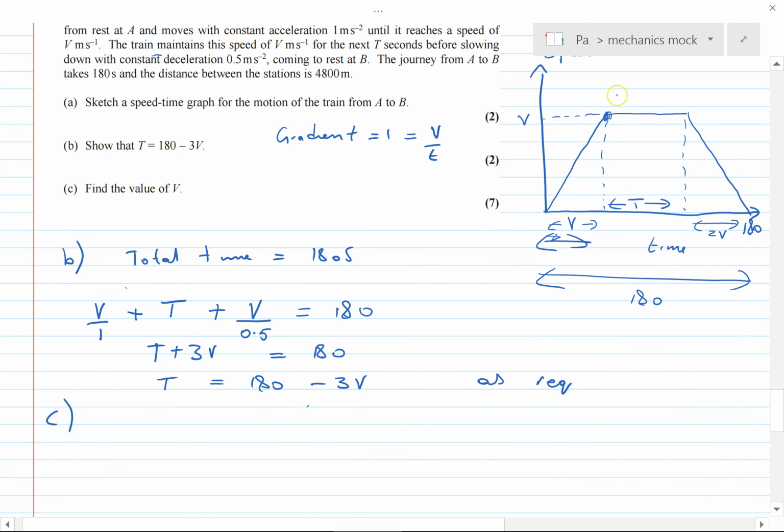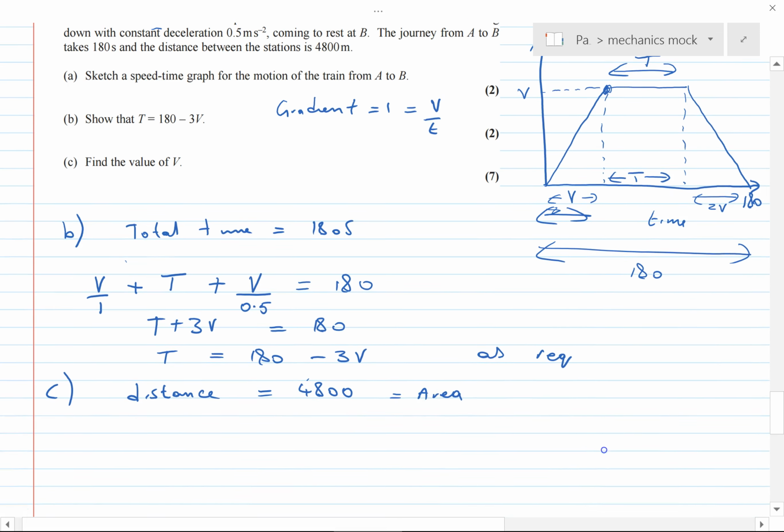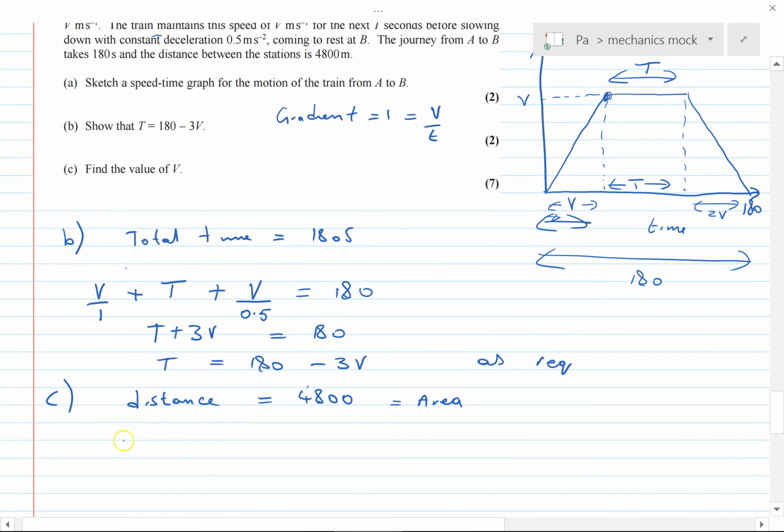Right, now we're going to set up an equation for part C. Now I'm going to use the fact that it's a trapezium like that. The two parallel sides are 180 and t. So total area, so distance, is 4,800, so the area is equal to that. It's a trapezium, so that's half times v, using the area of the trapezium, which is half h times (a plus b), where a and b are the parallel sides.